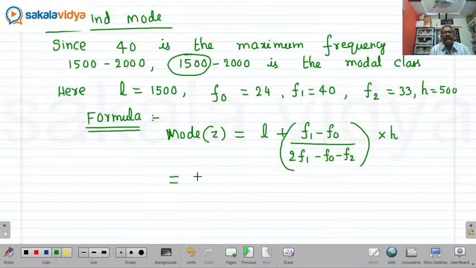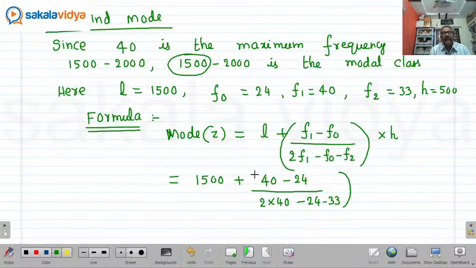L stands for 1500 plus F1 is 40 minus F0 is 24 upon 2 times F1, 2 times 40 minus F0 is 24 minus F2 is 33, and multiplied by 500.